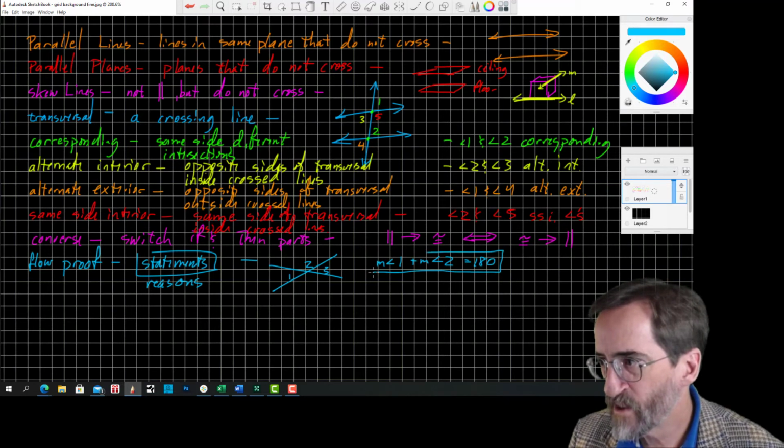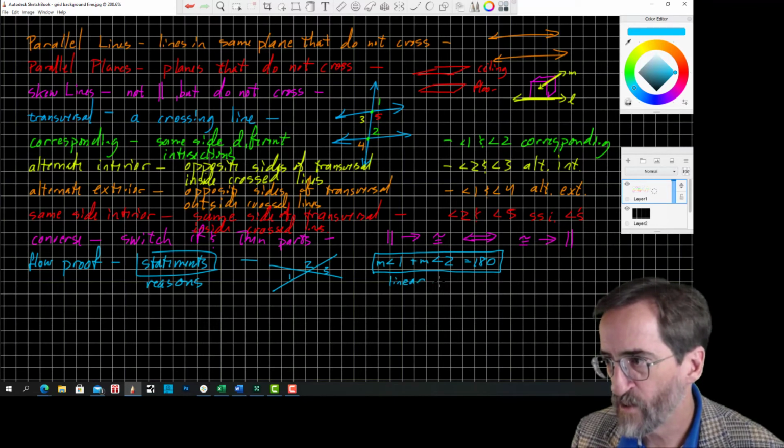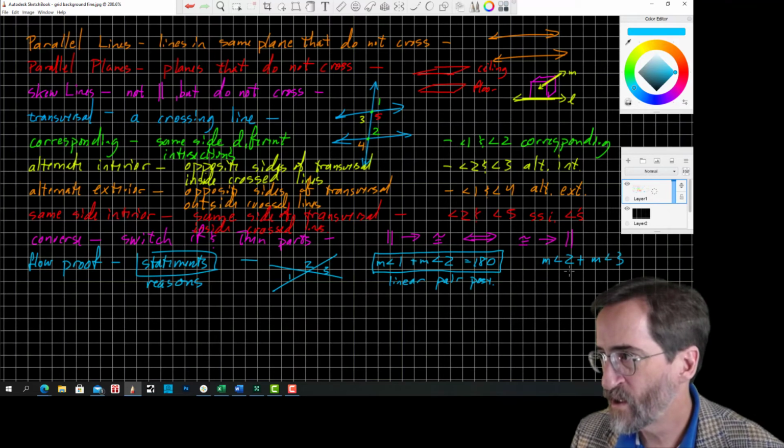And the reason is linear pairs are supplementary. So it's called the linear pair postulate. And I might also say the measure of angle 2 plus the measure of angle 3 is also 180 for the same reason.